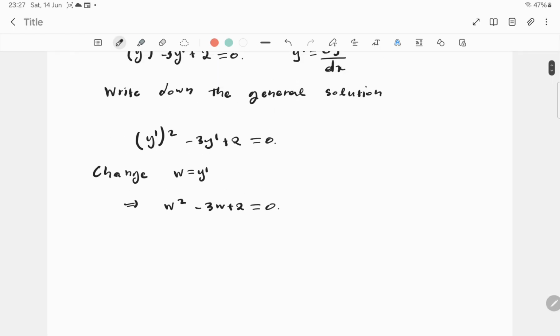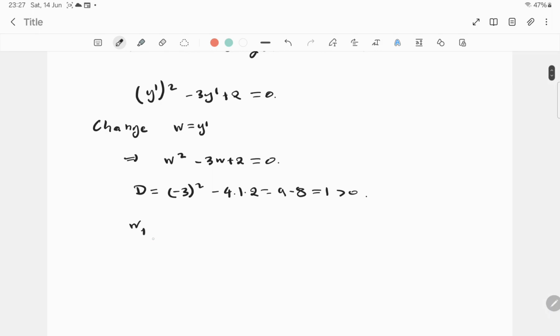This is a quadratic equation. This is a trinomial. We can solve this by the explicit formula. First we can calculate the discriminant, which is minus 3 squared minus 4 times 1 times 2. That's strictly bigger than 0, so we have two real solutions, w1 and w2.